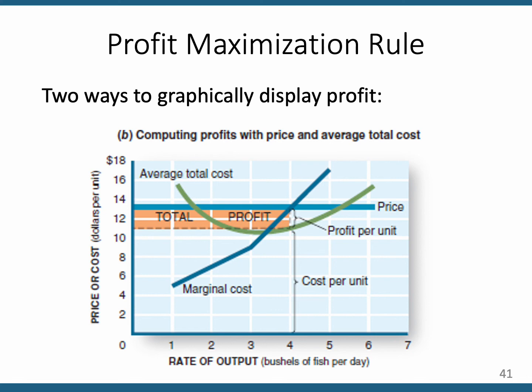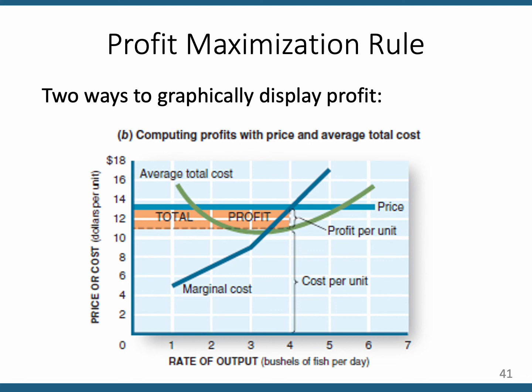All right, now, what is price when Q is equal to 4? $13, right? What is average total cost when Q is equal to 4? From the average total cost curve, just go up to where the curve is, and that happens at $11. So if you're producing 4 bushels per day, your average total cost is $11, and that's given to us in the table, right?